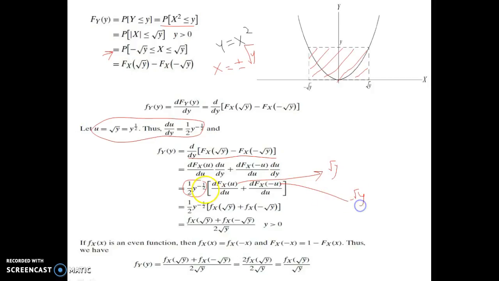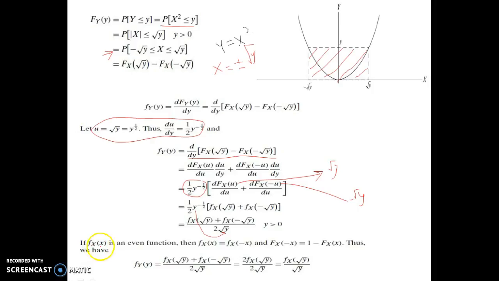So from the definition of the PDF, this becomes f of x root over y plus f of x minus root over y. Okay. If we take this y in the denominator, it becomes root over y here. So this is what we come up with, that f of x root over y plus f of x minus root over y.